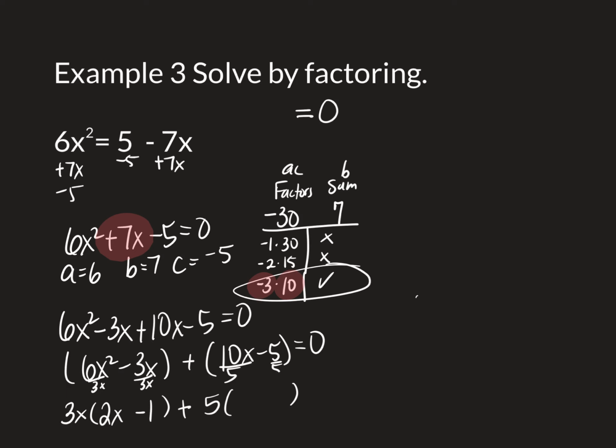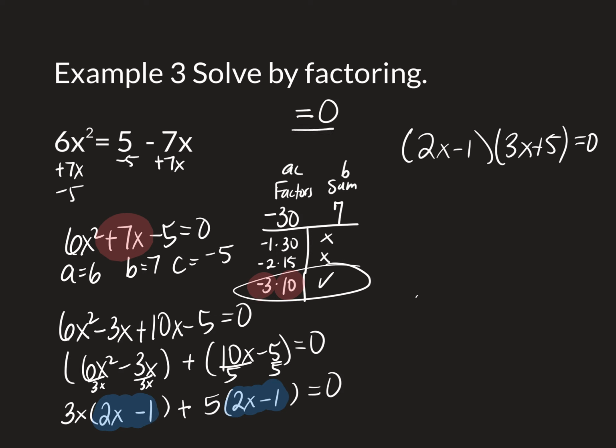Divide both of these by 5. You get 2x minus 1. And then you check to make sure it worked. How you know it worked is these two binomials are the same. They have the same greatest common factor. So I'm going to rewrite 3x times the quantity 2x minus 1 plus 5 times the quantity 2x minus 1 equals 0 as 2x minus 1, that quantity, times the quantity 3x plus 5 equals 0.